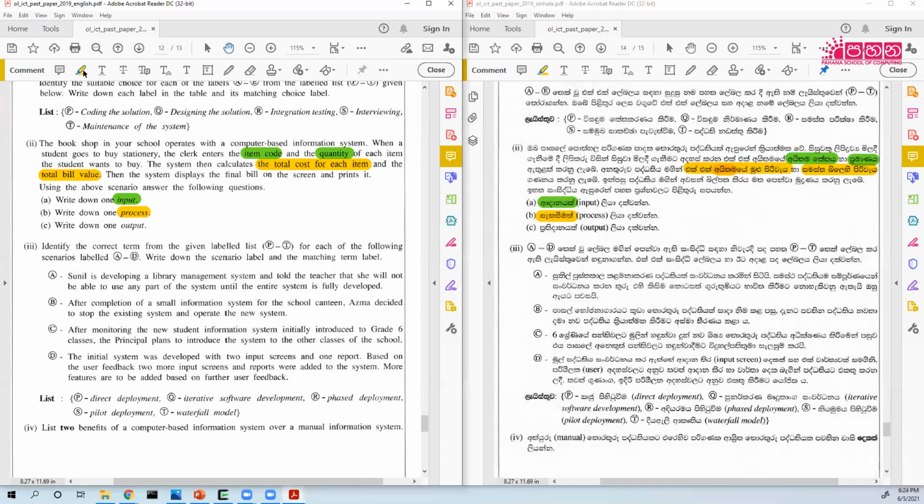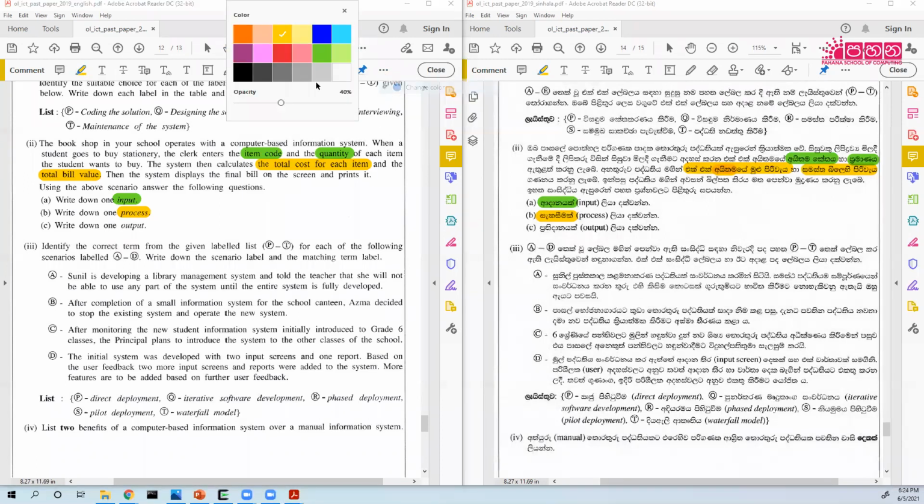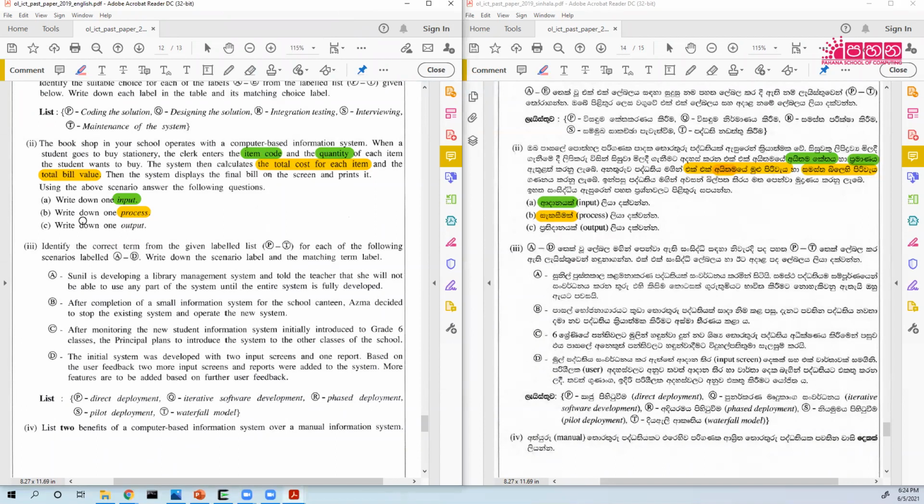Last one, let's look at the outputs. Yes, what are the outputs?